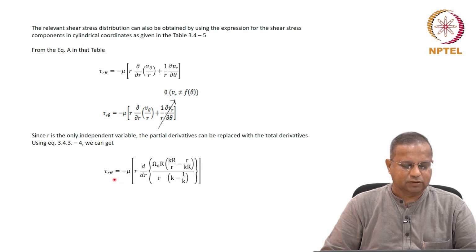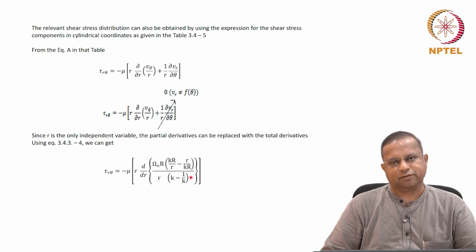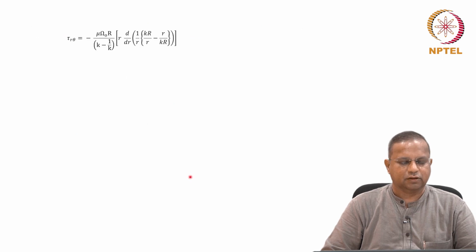And we get tau r theta equals minus mu r d by dr of v theta. V theta, we already have the expression from the previous derivation, so we can substitute here. Omega naught r times k r by r minus r by k r divided by r times k minus 1 by k, which can be written in this form.